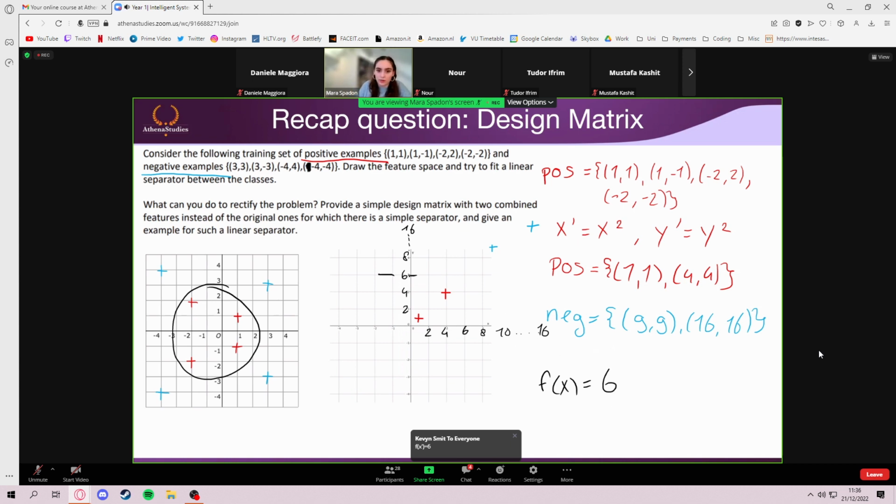That means we just get our linear separator like that, which is indeed 6 or 7. Yes, basically just anything between here. So anything between 9 and 4 could be 6.5, could be 7, could be 6. As long as it is a linear separator that separates the two classes.